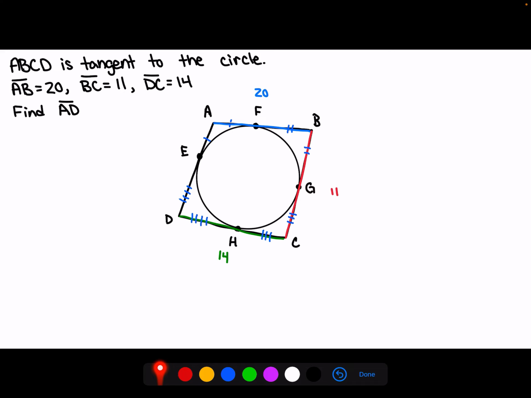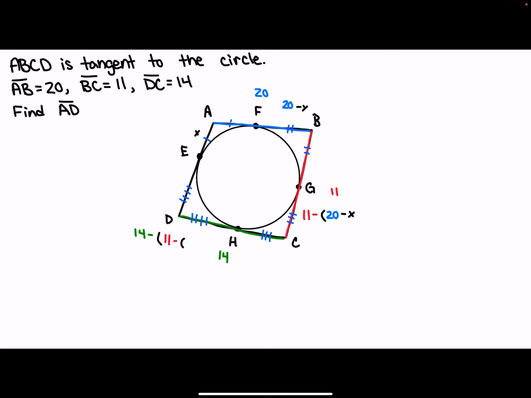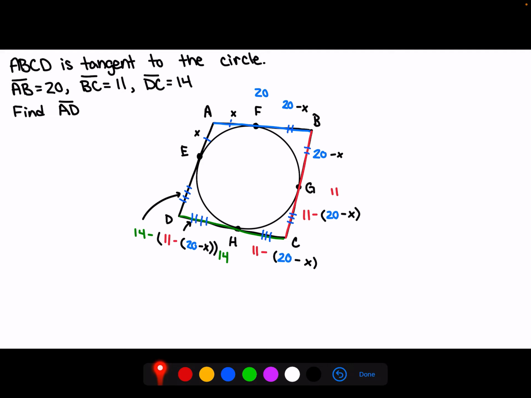Again, I'm going to call AE X. If AE is X, then AF is X. If AB is 20 and AF is X, I can find BF by doing 20 minus X. That gives me BF as 20 minus X, which would also be the length of BG.